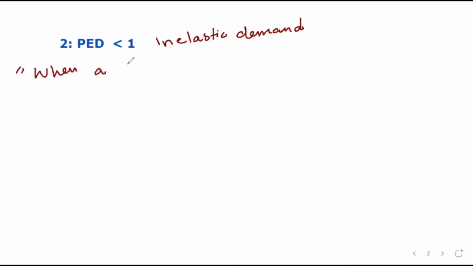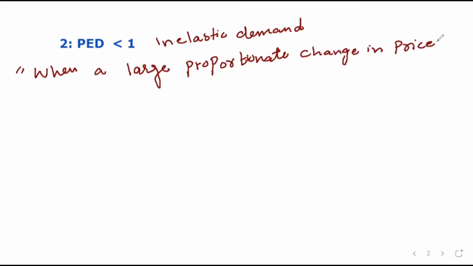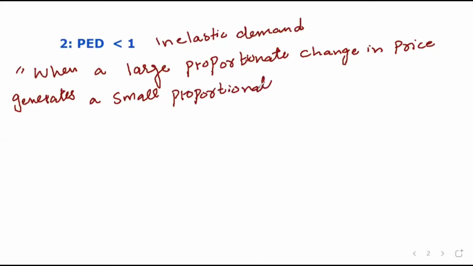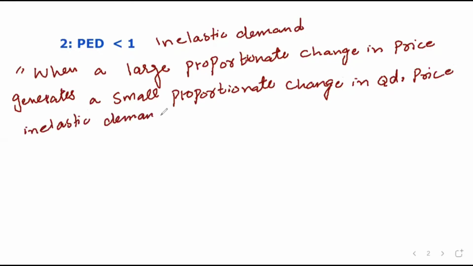When a large proportionate change in price generates a small proportionate change in quantity demand, then this type of elasticity is called price inelastic demand.